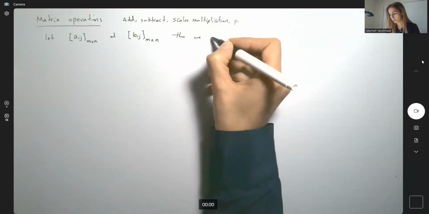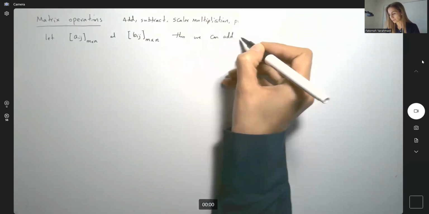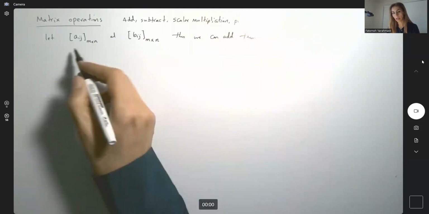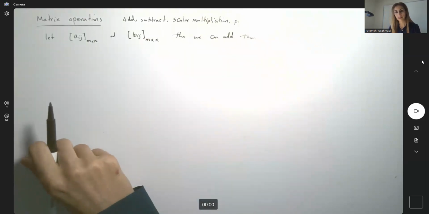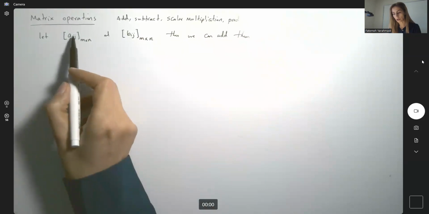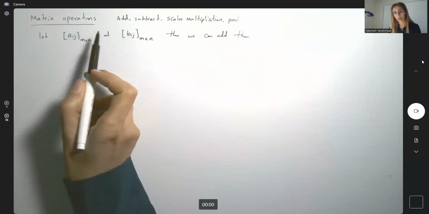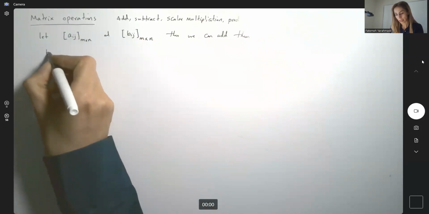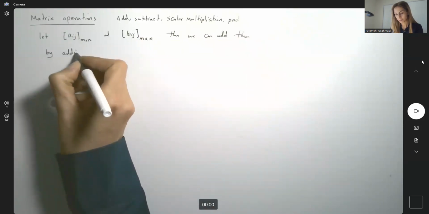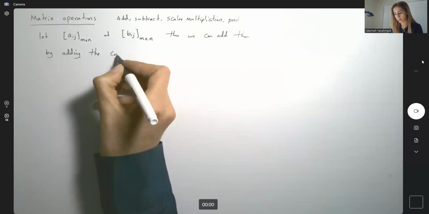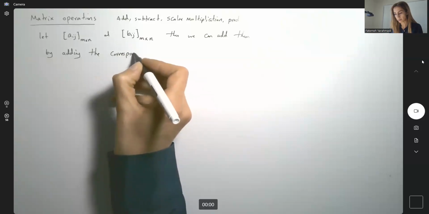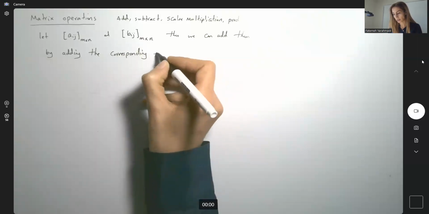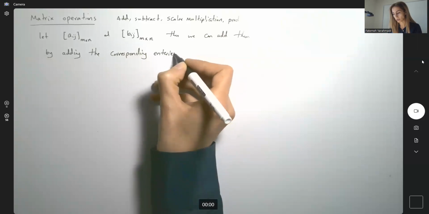To add these two matrices, it's very easy. You are going to add the corresponding entries together. What do I mean by that?